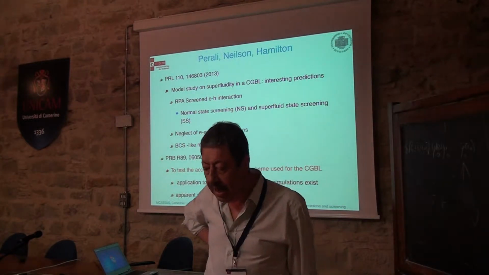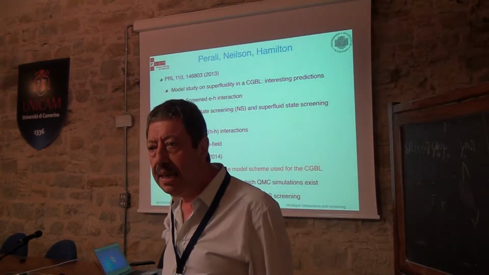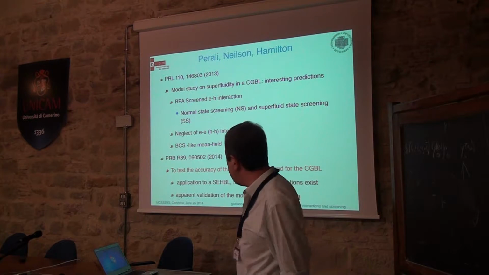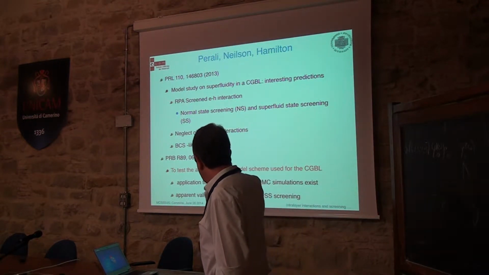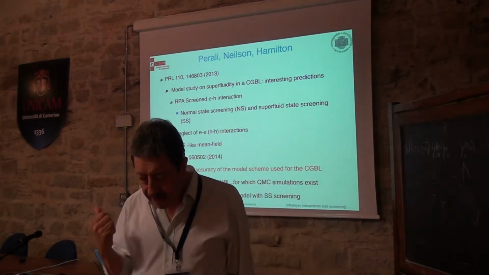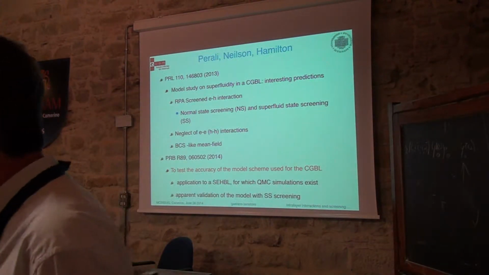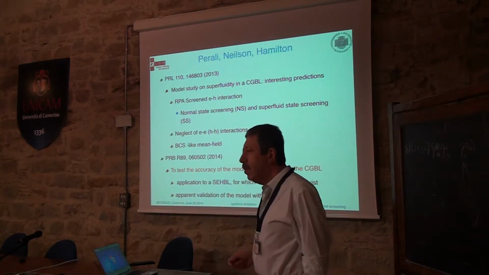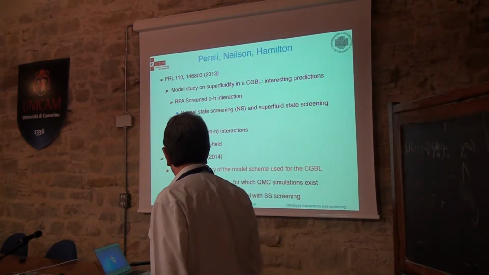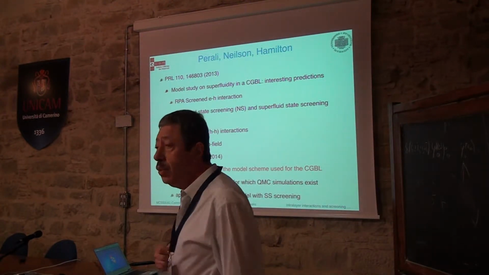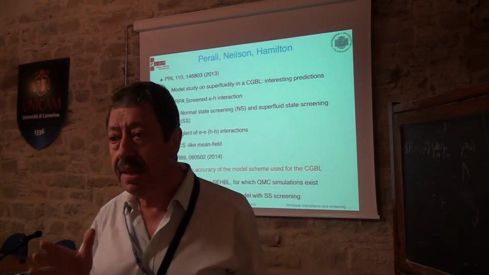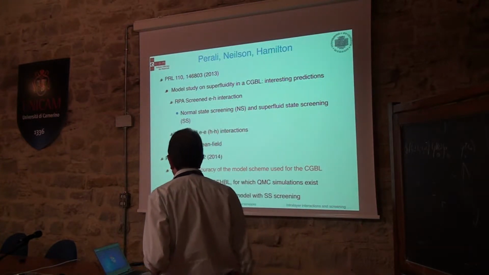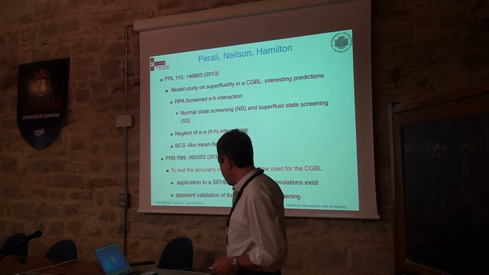They also offered a theoretical analysis of the system by resorting to RPA screened interaction, and I will say more later on. And then, having found interesting results in this first paper, they tried to test the accuracy of the model scheme used for the coupled graphene bilayers, by applying it to something for which there were independent, accurate results by Monte Carlo, the symmetric electron hole bilayer.